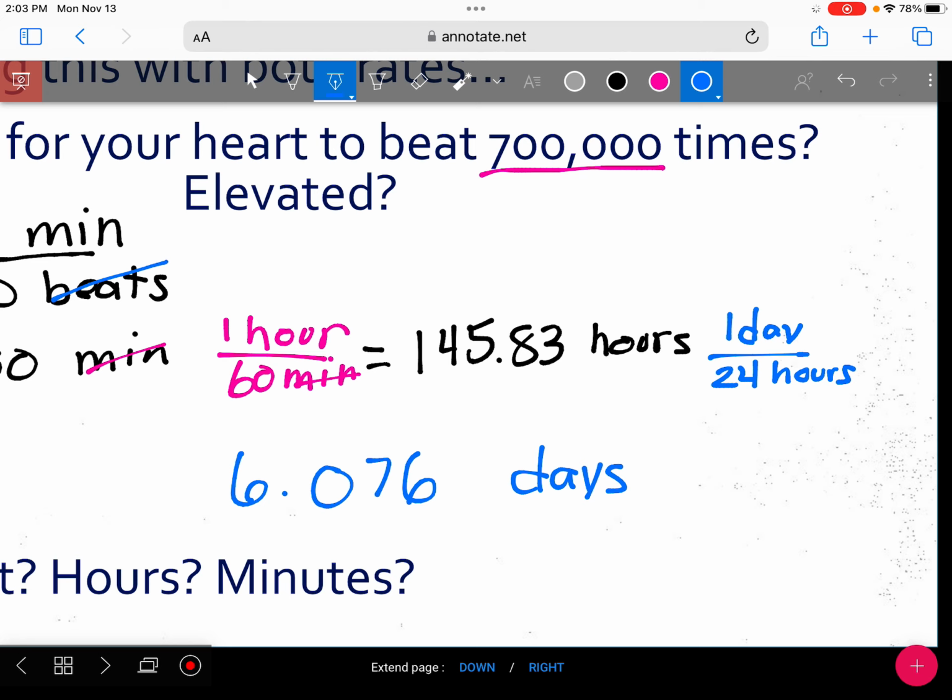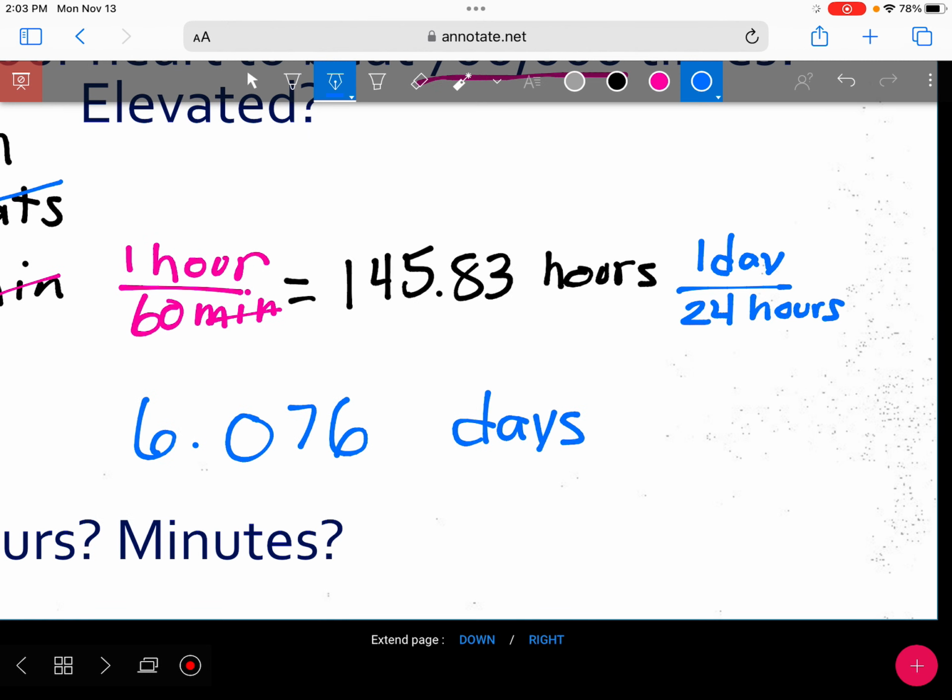But I want to be as specific as we can. So I know it's going to be 6 days. How can I figure out how many hours not inside the 6 days it would be? I want to be like 6 days, 2 hours, 27 minutes, whatever it's going to be.